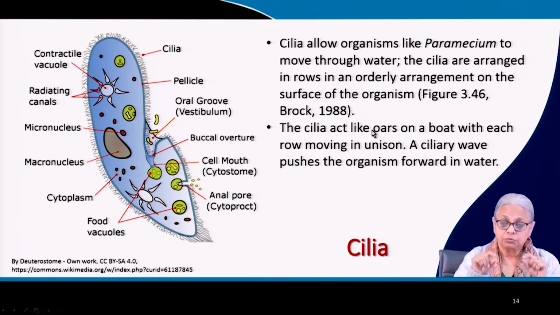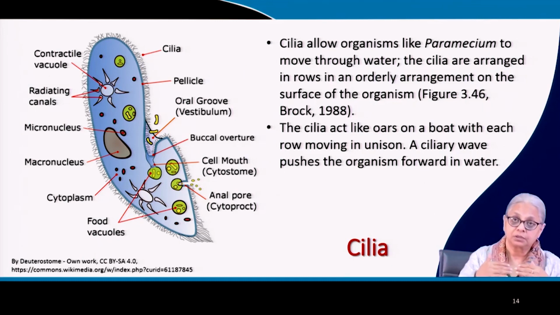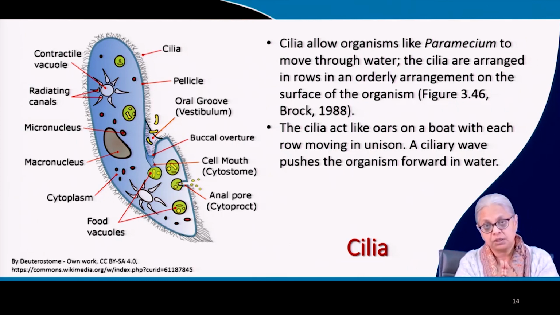So each row of cilia is going to move at the same time. So you have a ciliary wave. The ciliary wave is where each row of the cilia is moving together, pushing in one direction, and then the next row starts doing the same thing, and so on and so forth.